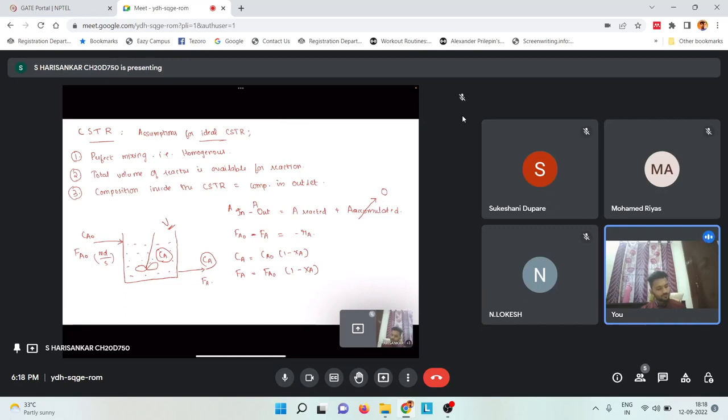So just substitute this Fa here, and if we expand, we'll get Fa0 minus Fa0 plus Fa0 Xa is equal to minus Ra into V.